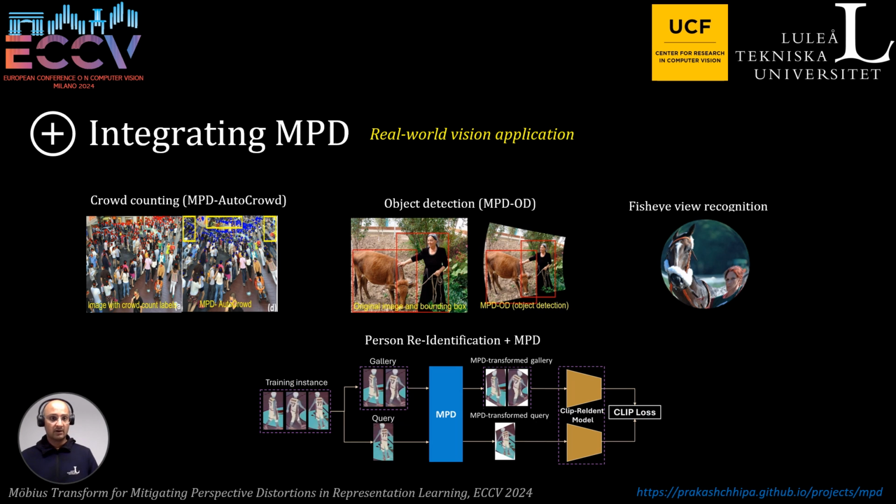We adapted our method MPD to these applications; for crowd counting and object detection, the bounding boxes and the labels of the images also need to be transformed. For person re-identification, we take a recent method called CLIP-ReID and integrate the MPD approach to showcase the effectiveness of the proposed method. And finally, to understand the transfer learning capacity of these models, we have also done an investigation on fisheye view recognition.